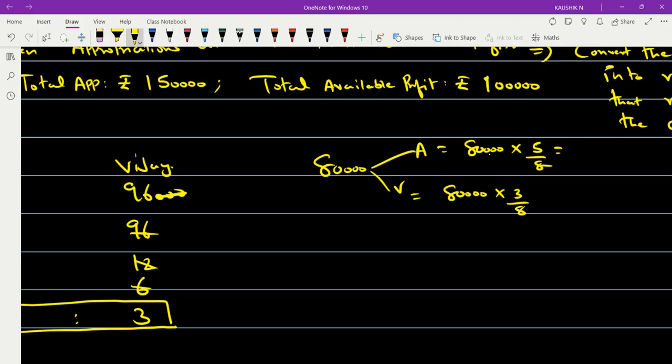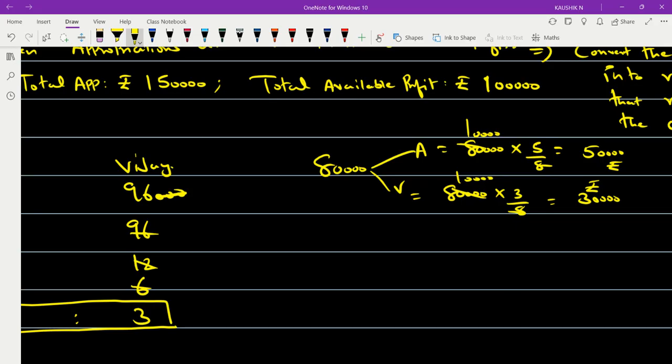Cancelling this, we get 50,000 rupees for Ajay, and 30,000 rupees for Vijay. So we now got the values. Able to understand this case?